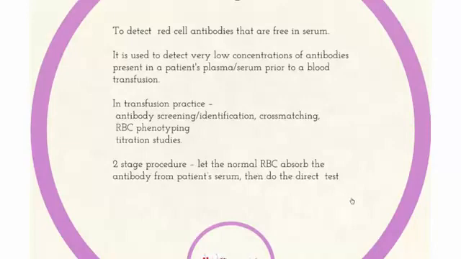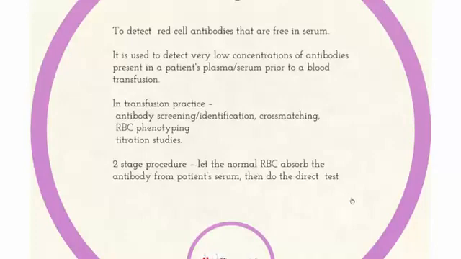If the patient serum has the antibody, that antibody will absorb onto the normal red blood cell. After that, we will wash away whatever remaining antibodies. Then we will do the direct Coombs test, meaning that we will put in the AHG and see whether there is agglutination or not.